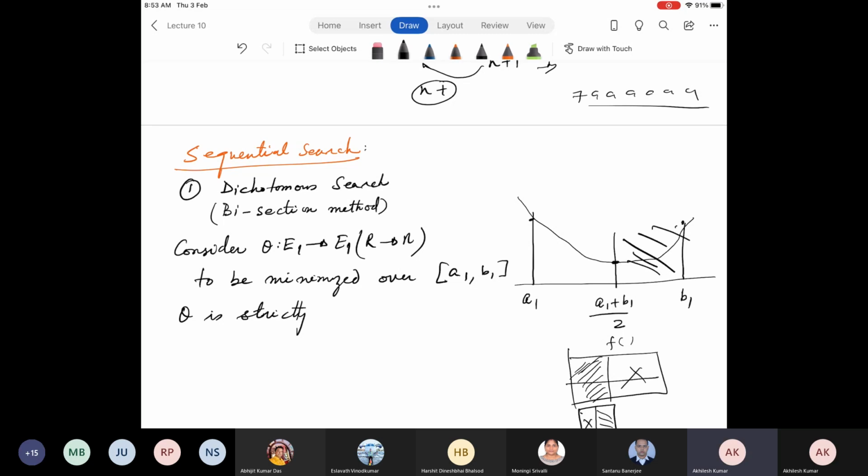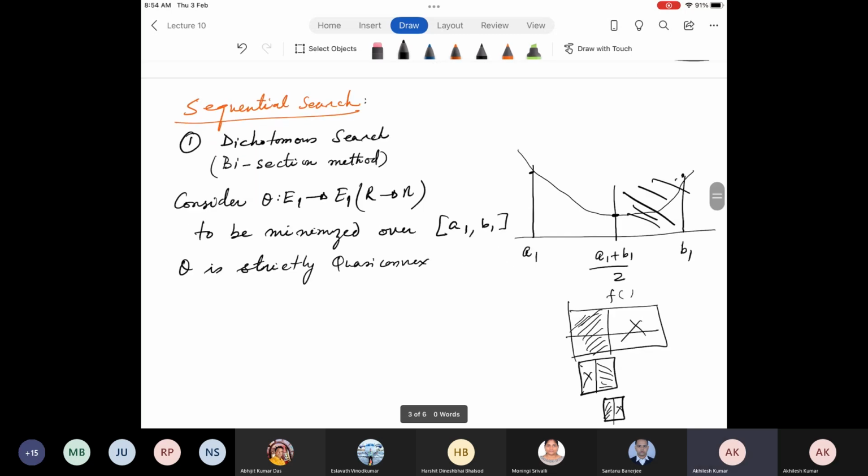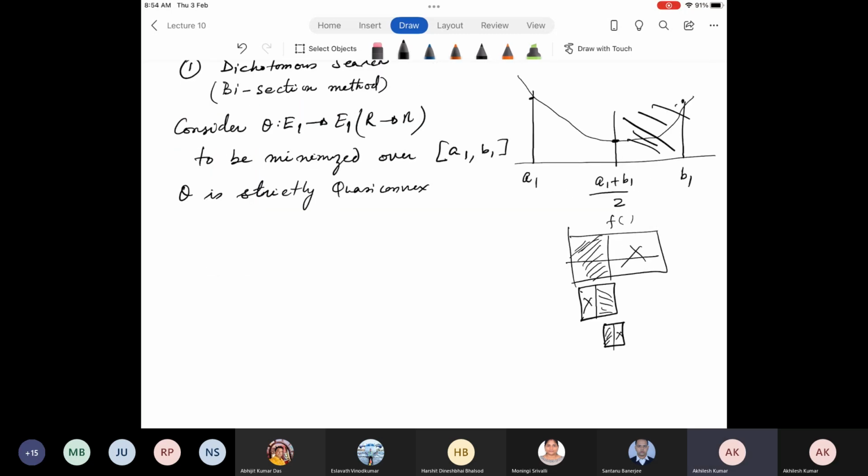Otherwise, this method might not give you very nice results. Strictly quasi-convex. So let's first try to understand how we should develop the algorithm for this one. I will show you two thetas here, theta 1 and theta 2. One looks like this. And let me use another color for this one. Okay, so this one is theta 1 and this one is theta 2.